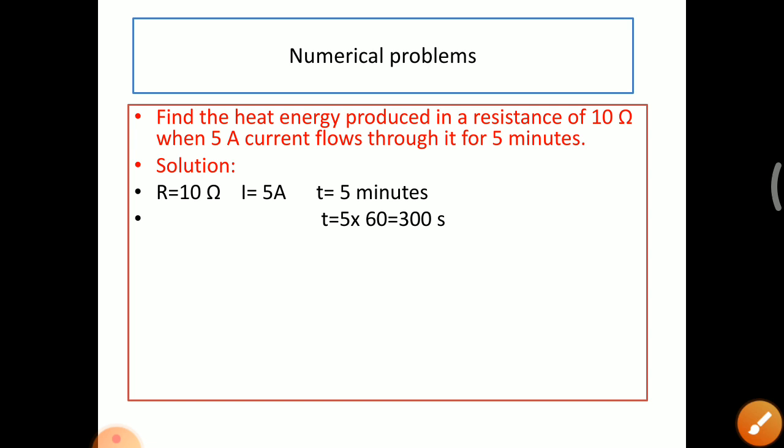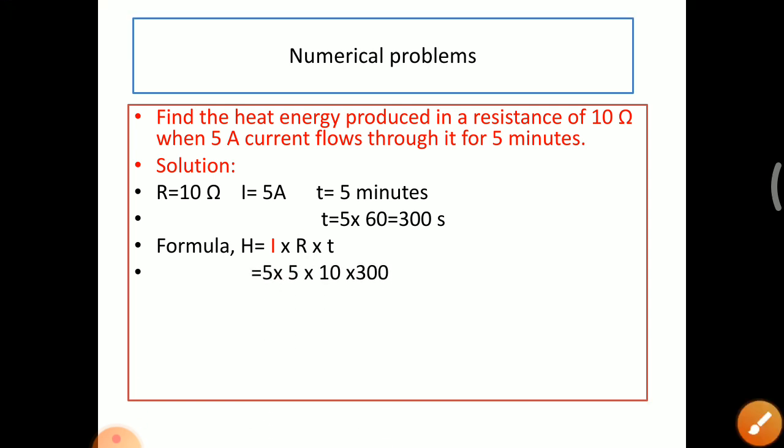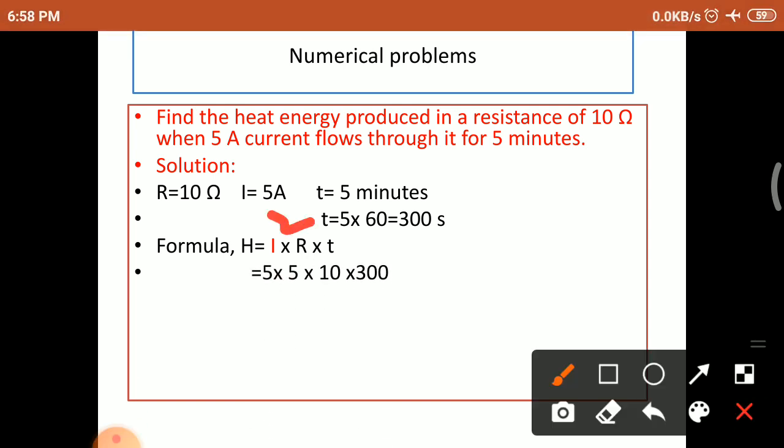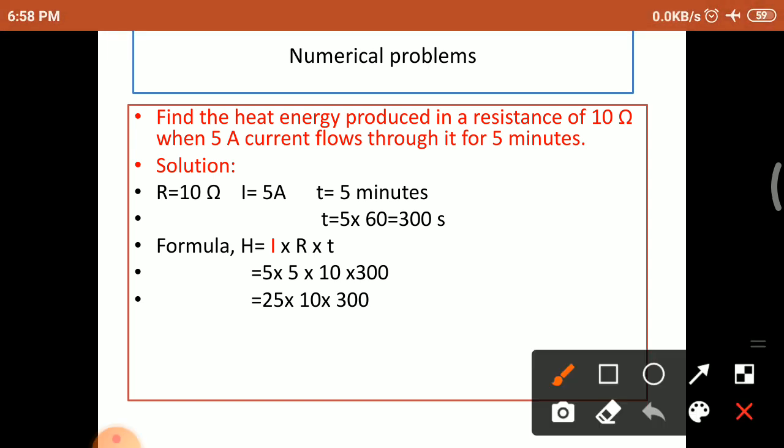T equal to 5 into 60, so 300 second. Now you know the formula, H equal to I squared RT, not IRT, I squared RT. So substitute the values: I squared, so 5 into 5, the value of R is 10, the value of T is 300. When I multiply 5 into 5, 25, and 10 and 300.